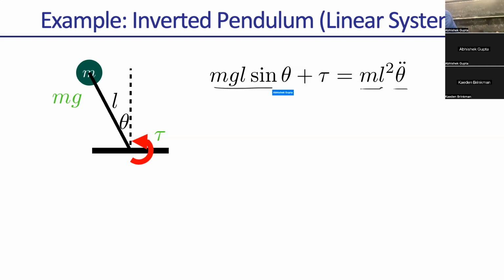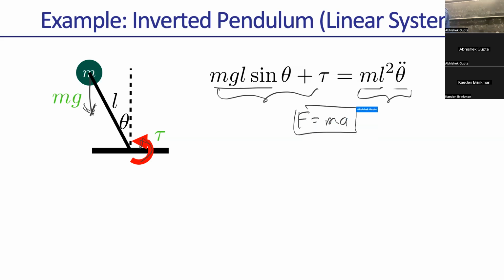This is your force that is being applied here, and this is your torque that is being applied here. So you can say this is just coming from physics. You don't have to worry about the details of the pendulum, which are less important than trying to instantiate it as a linear system, right? But you can think of this like you have mg, L sine theta projects it into the right angle. And then this is just the rotational equivalent of F is equal to MA.